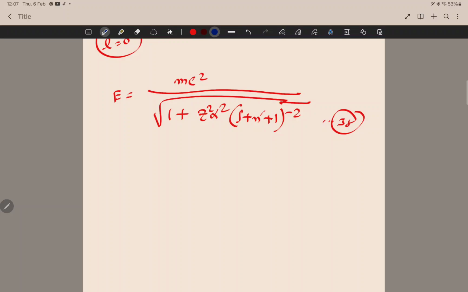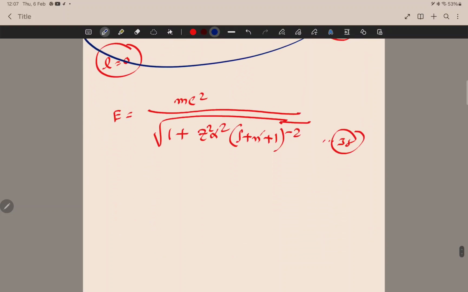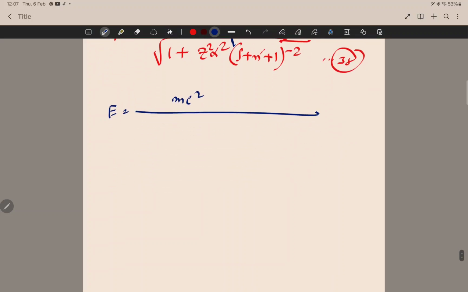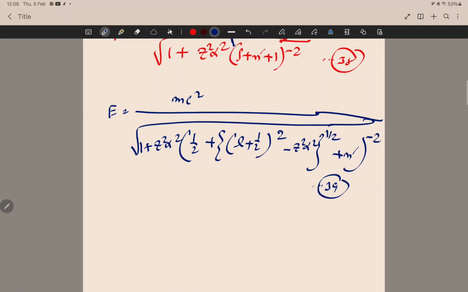After substituting for s from 37, this value of s, we have the energy equation E equal to mc square divided by root under 1 plus z square alpha square divided by (1 plus n' minus L minus 1 by 2 plus root under (L plus 1 by 2) whole square minus z square alpha square) whole square, to the power minus 1 by 2. This is equation number 39.